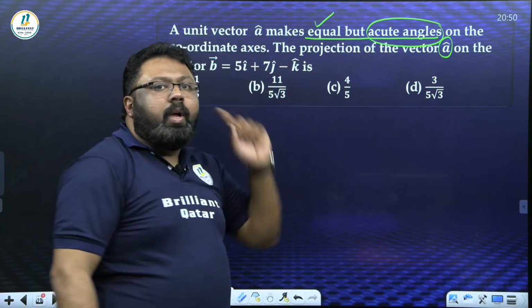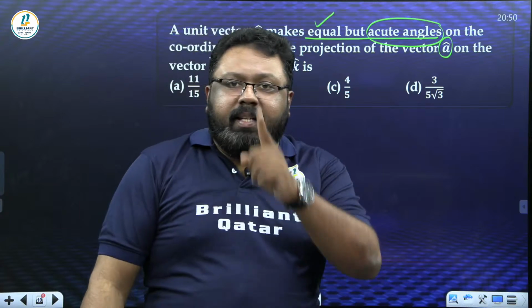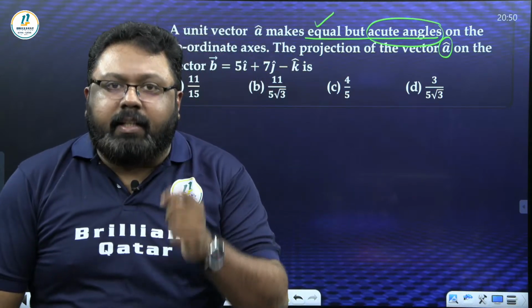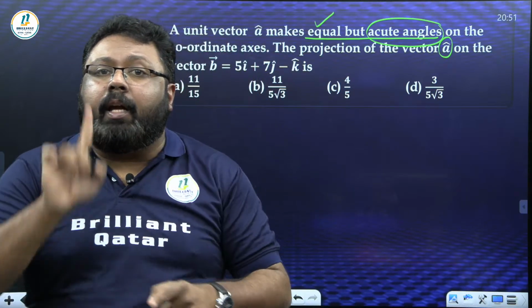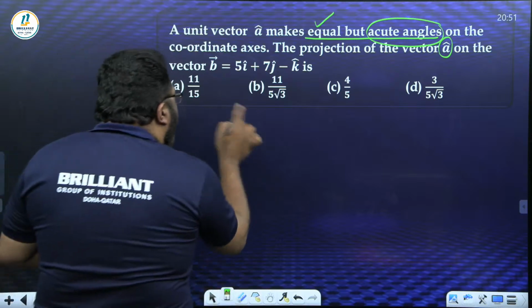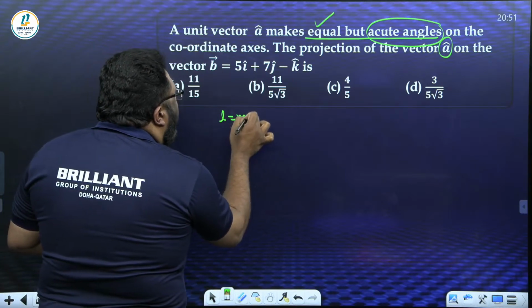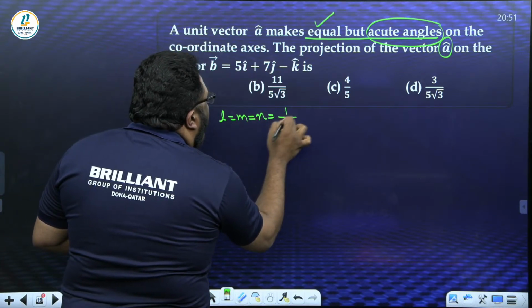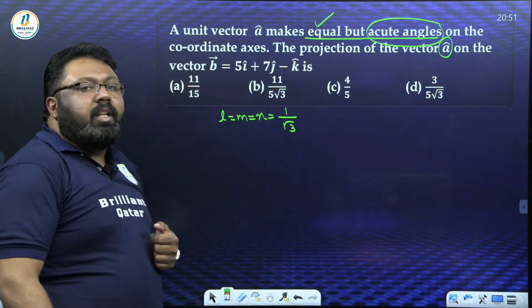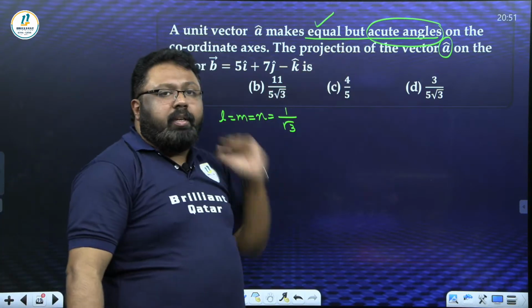Equal. Just now, a few questions back, we discussed that a vector which is equally inclined on all the axes will have equal direction cosines, 1 by root 3. I will only consider the positive because it is acute.